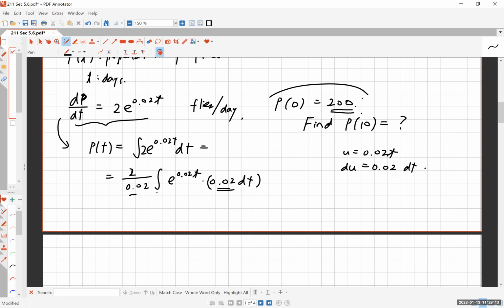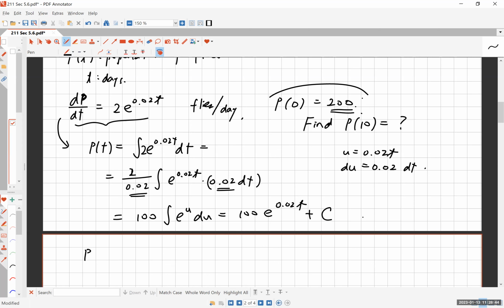Remember, this is countered by that 0.02 in the front. So what is that? Well, the outside number is actually 100. You can see that 2 divided by 0.02 is essentially the same thing as 200 divided by 2, so that's 100. And then here you have e to the u du, and so that's 100 e to the 0.02t plus c. No problem here, right?